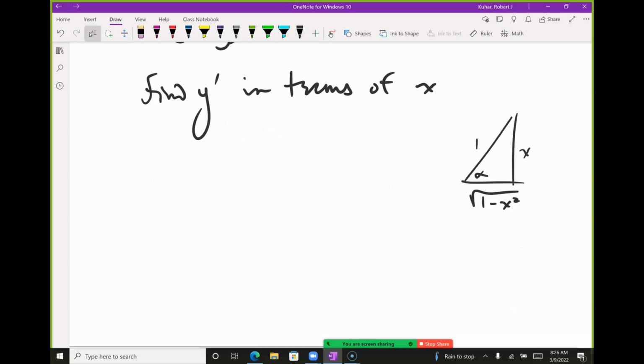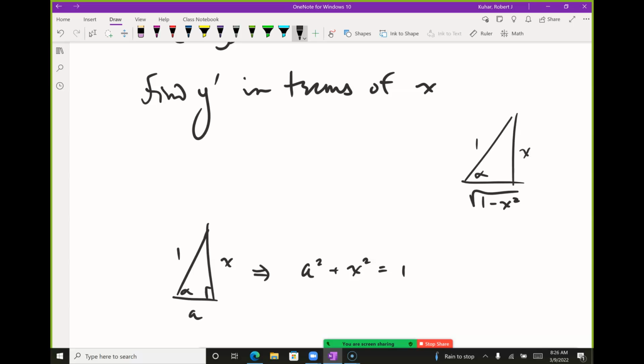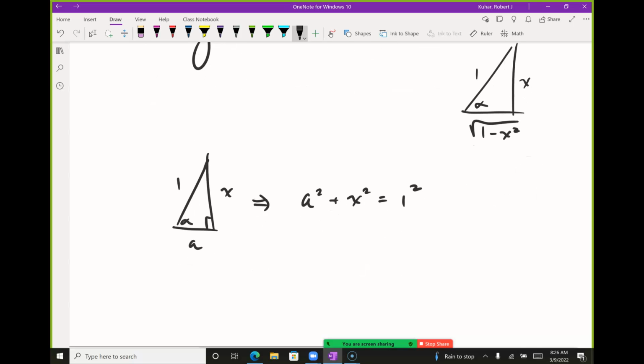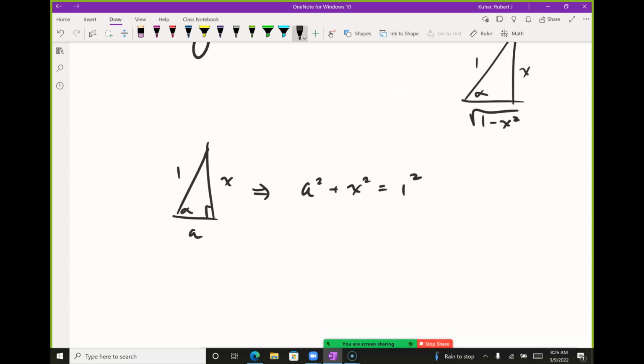Sure. So Pythagorean theorem is, let's pretend I don't know this side, but I still have this side and the hypotenuse, right? So I know once I have a right triangle, I have a squared plus b squared equals c squared. So in this case, a squared plus x squared equals 1. Thank you, Noel, for turning the camera on.